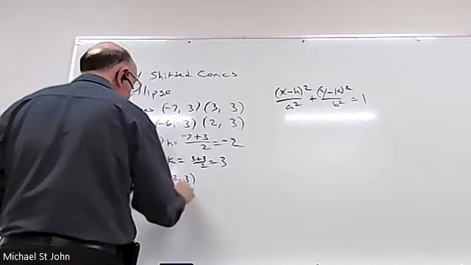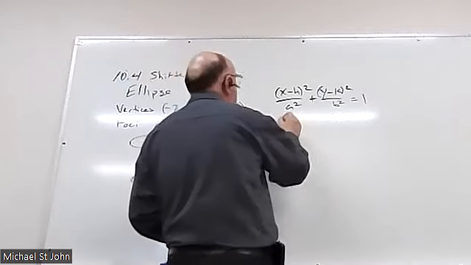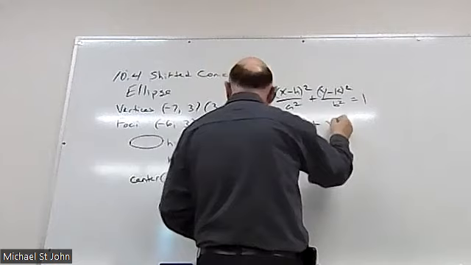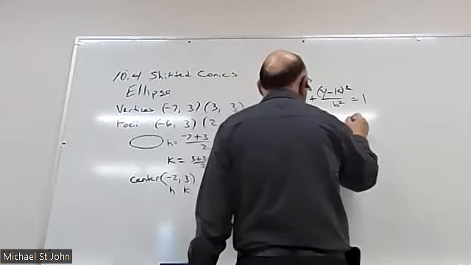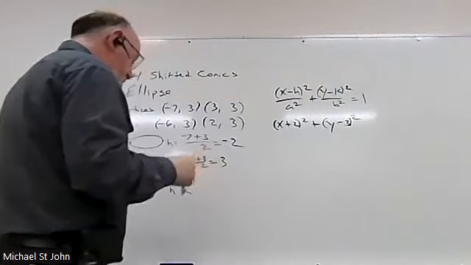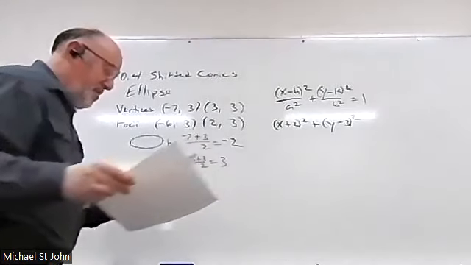So this is going to be (x plus 2) squared and (y minus 3) squared. We have those parts of this.